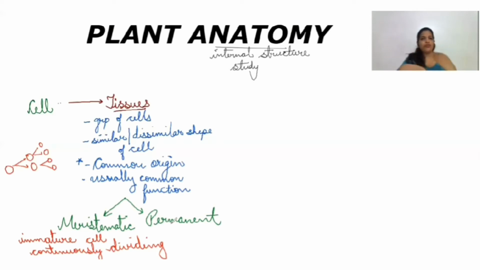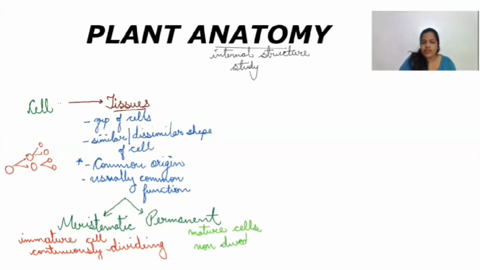Okay, now further about the permanent tissues we'll discuss later. So let's write the basic point and see the comparison between the two. So permanent tissues actually are the mature ones, means here they have mature cells and they are non-dividing cells, non-dividing.